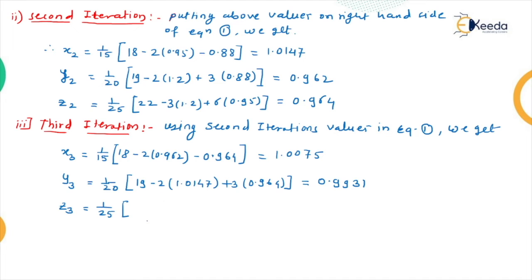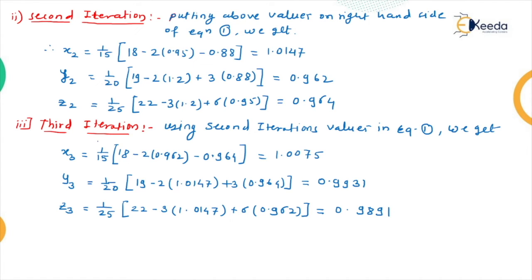So 1 upon 25 times 22 minus 3 in bracket 1.0147, the value of x2, plus 6 into the value of y2, which is 0.962. After calculating on the scientific calculator, we get 0.9891.